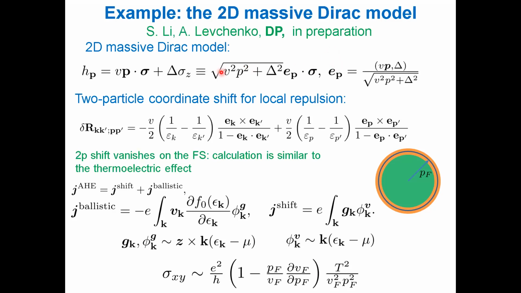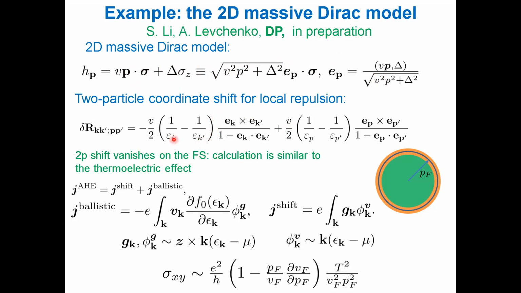So if we take the paradigmatic model in which all these anomalous effects are usually studied, the 2D massive Dirac model. Okay, so this is a Weyl Hamiltonian, but in 2D plus some mass term. Everybody knows what the spectrum looks like, right? One can easily calculate these shifts for this model.